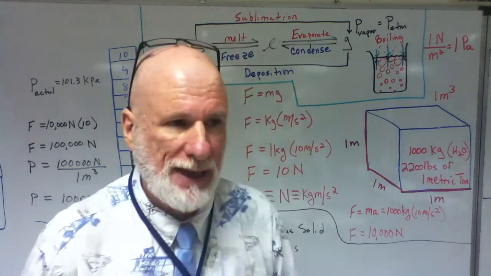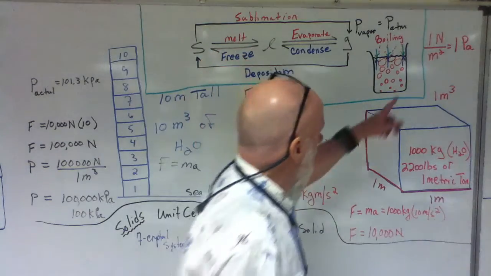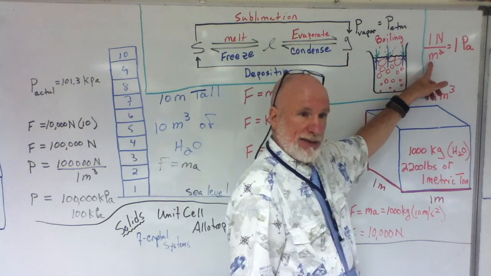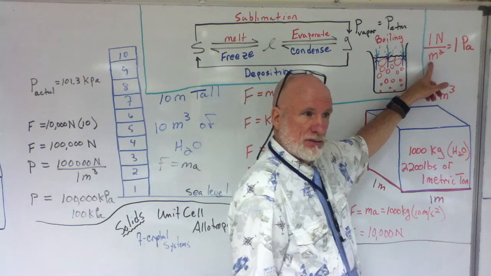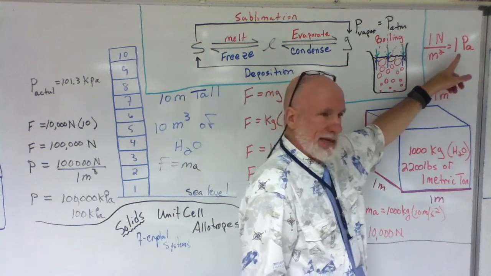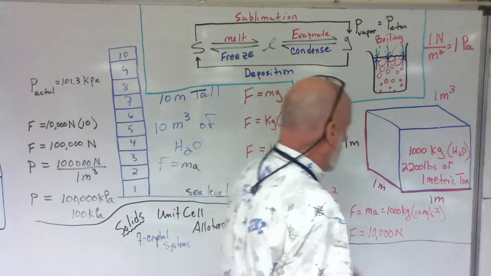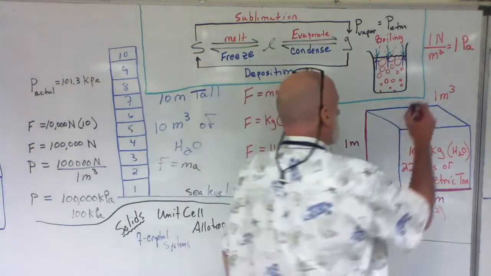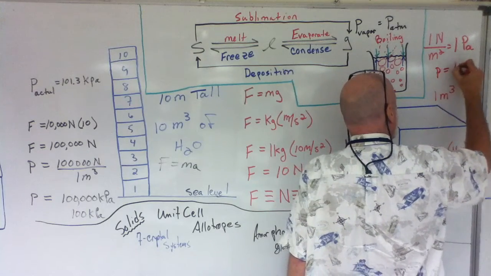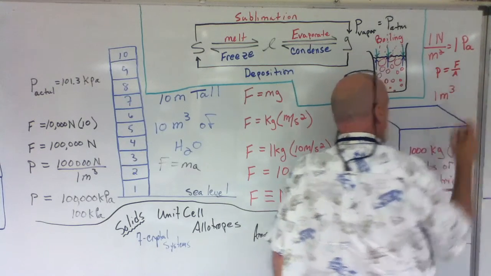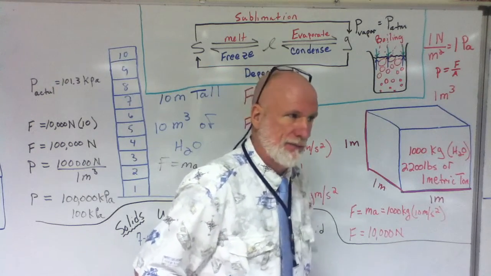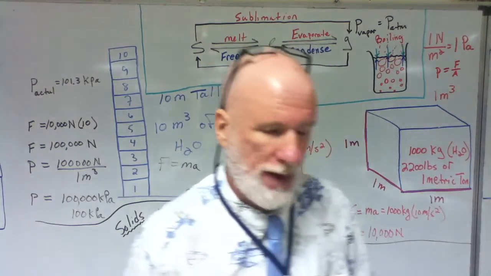A pascal is 1 Newton per square meter. We know that pressure equals force over area. That's what pressure is, force per unit area. Are you okay with that?